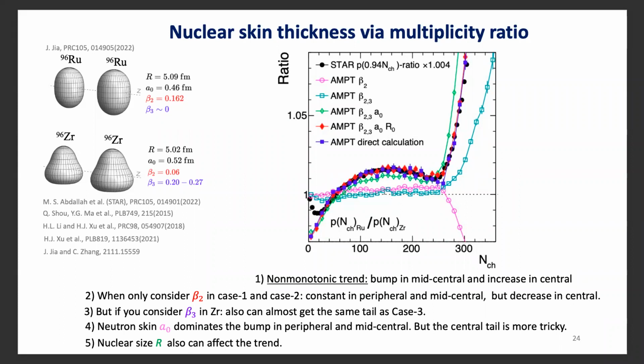And there's a bump here. This bump is more dominated by the neutron skin, and that's because the neutron skin can control, especially in the mid-central region, the isobar ratio, also the particle production. For the central region, we found there's something a little bit different. The deformation can affect the multiplicity distributions a little bit.